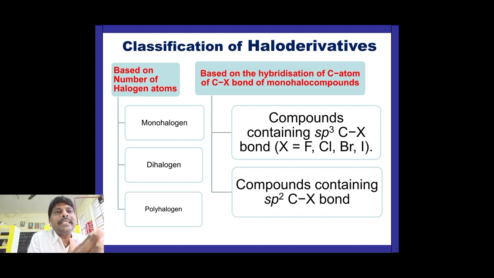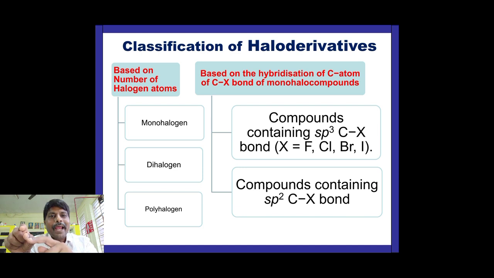Another classification is based on the hybridization of the carbon atom of C-X. Children, you can see here C bond X. What is X? Halogen. The halogen is attached to one carbon. What is the hybridization of that carbon? That is the basis.